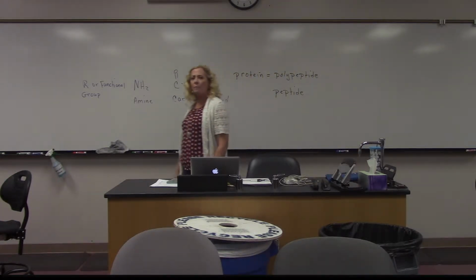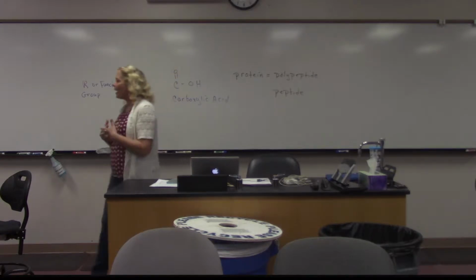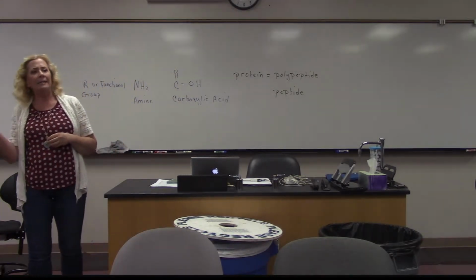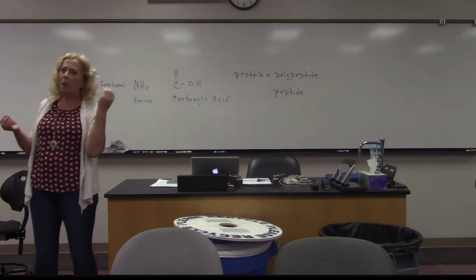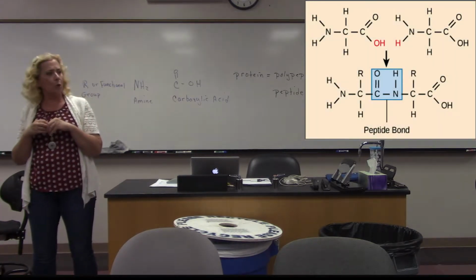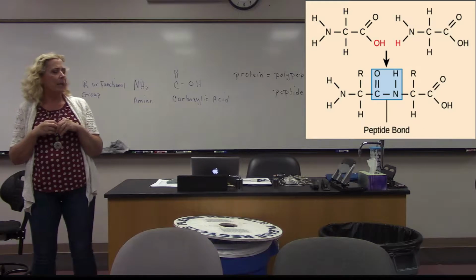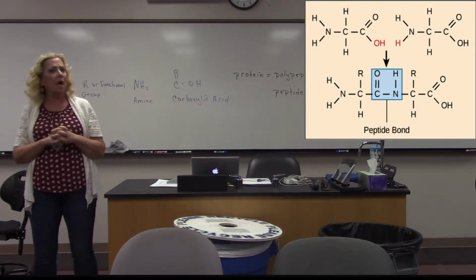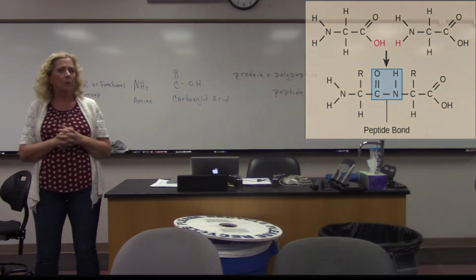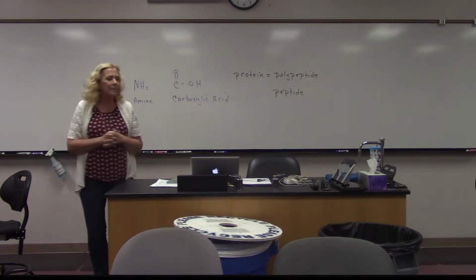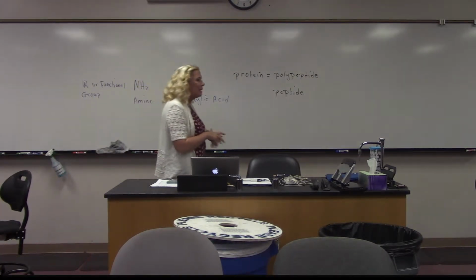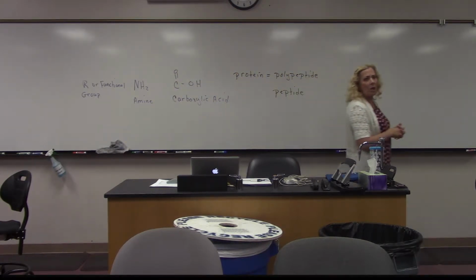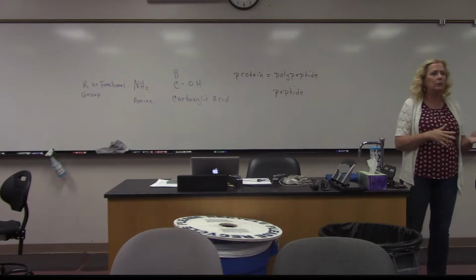Now also remember that when we take amino acids and bond them together, we take one amino acid and take its amine group and bond it to the acid group of the other amino acid. And when we bond them together, we form a bond called a peptide bond. Okay? So peptides are typically somewhere around 50 amino acids long, maybe smaller.